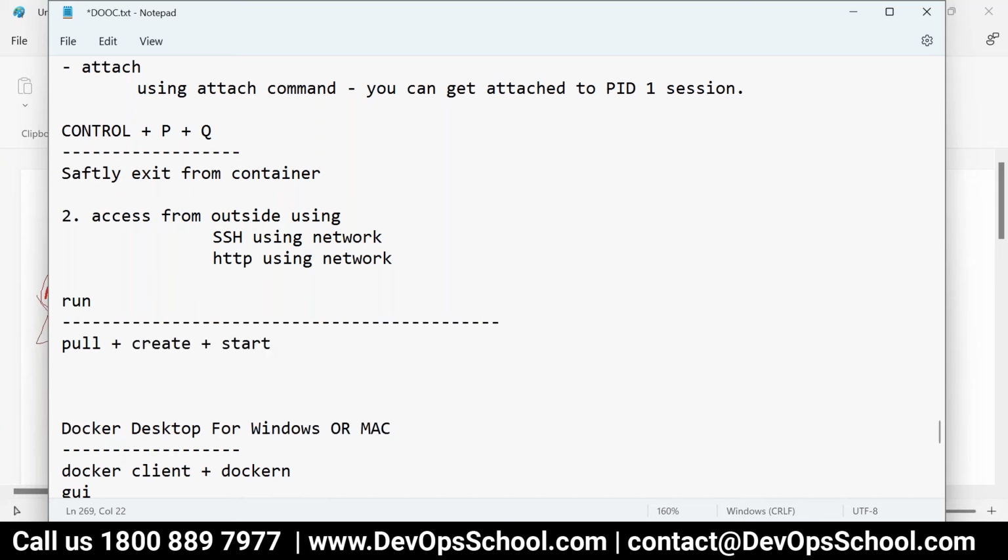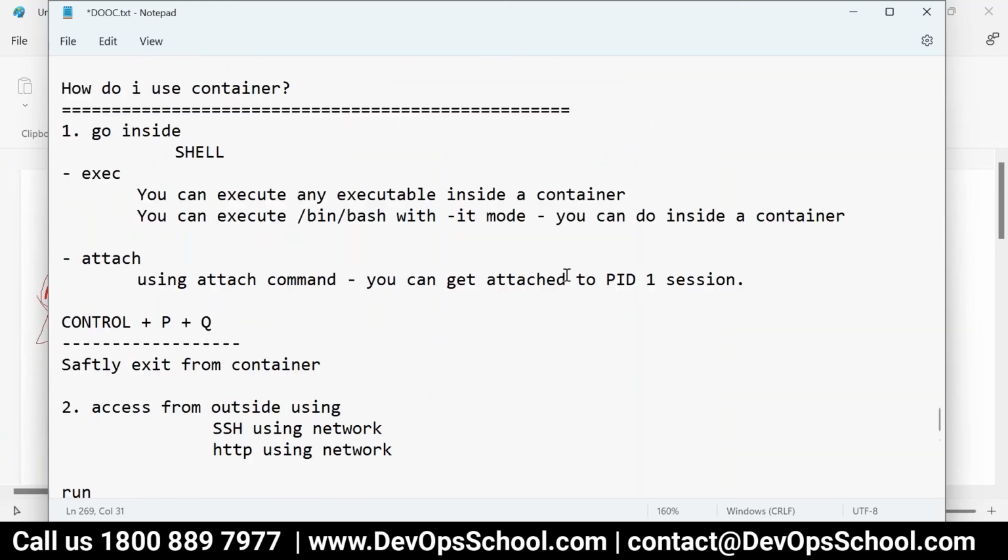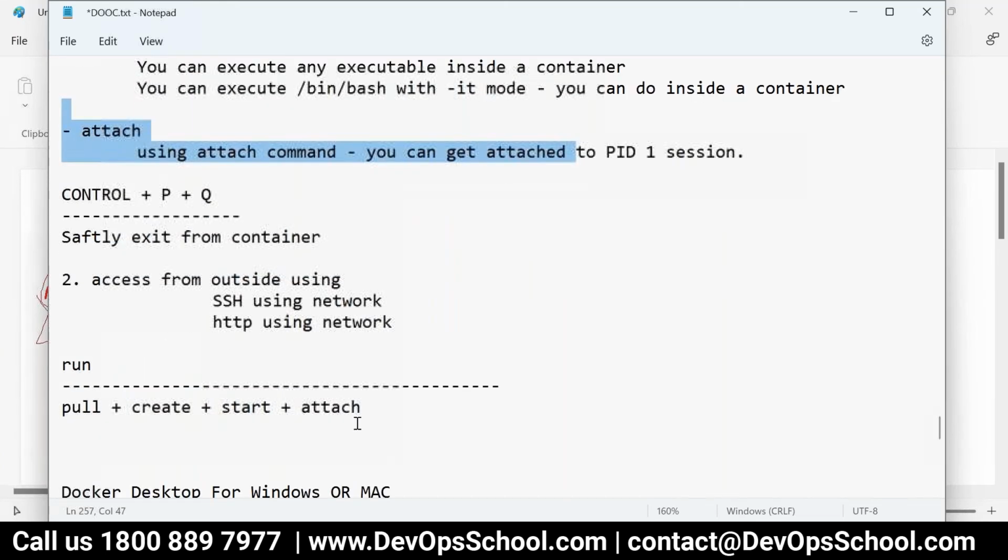Are you comfortable with the create command, by the way? Not very comfortable. Are you comfortable with the start command? Yes. Are you comfortable with the attach command? Yes. Attach, just now I checked. Correct.